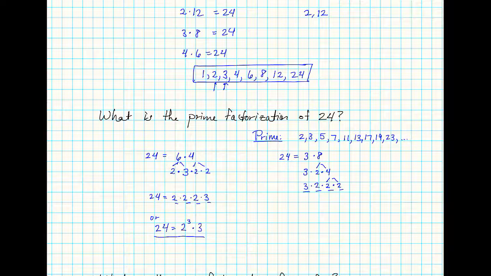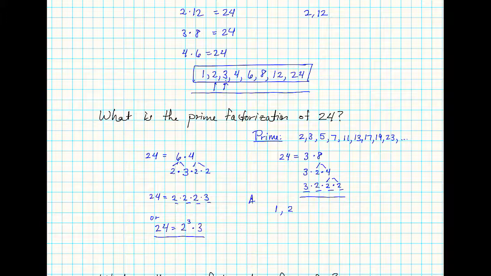Another thing that I want you to notice is that all of these different factors of 24 can be found within the prime factors. So for example, 2 is there, 3 is there, so I'm going to rewrite. So 1 is a factor of everything.